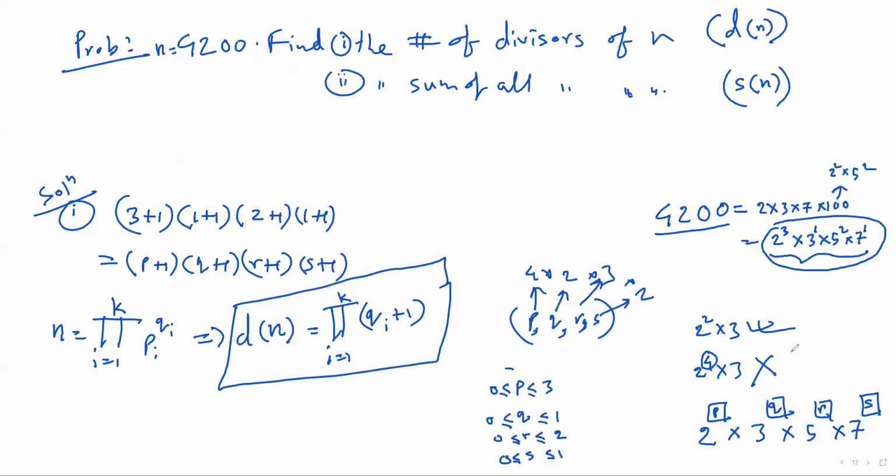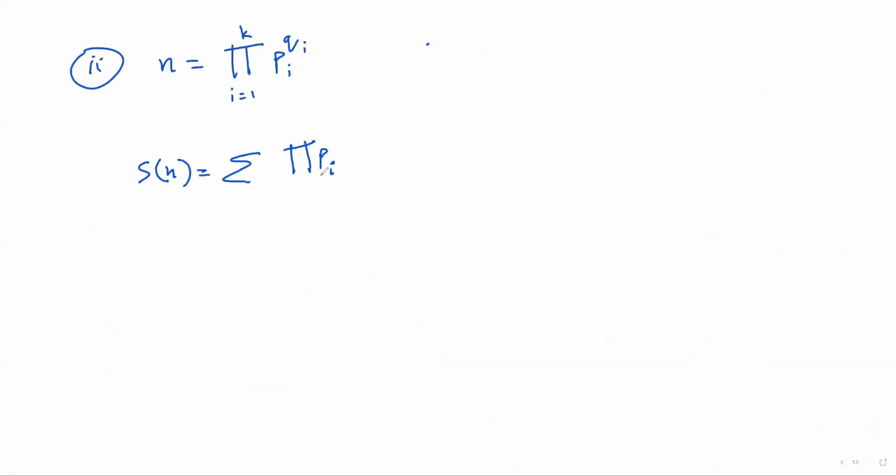Just using the logic for 4200, this is a divisor, this is not. So this is the format of any divisor, right? So any divisor is going to have the format pi to the power some power. But what is the power? Say the power is denoted by ti, where i runs from 1 to k.